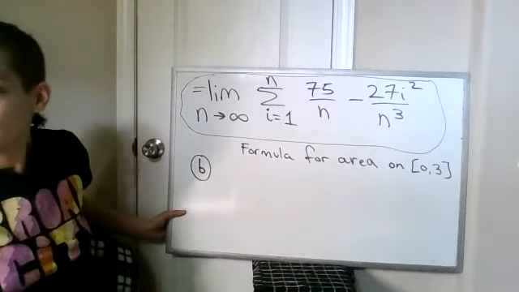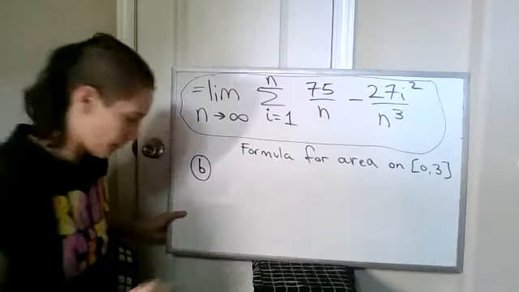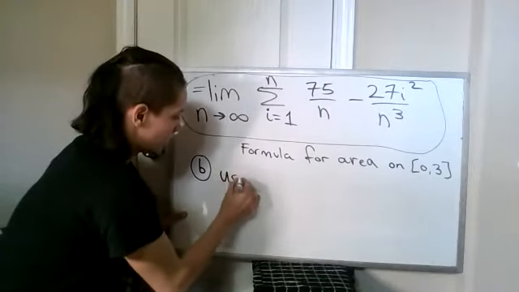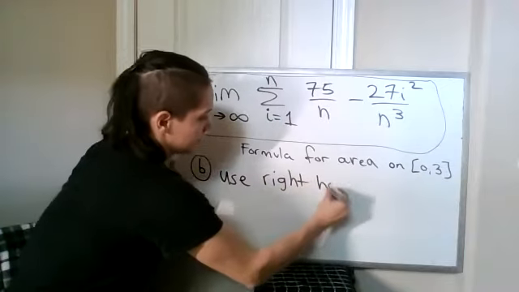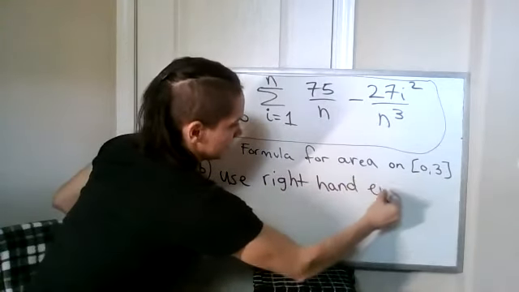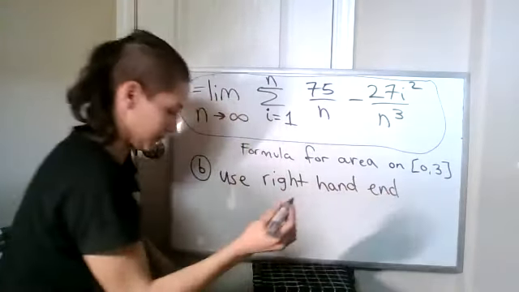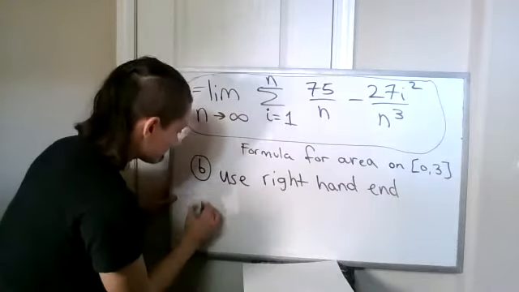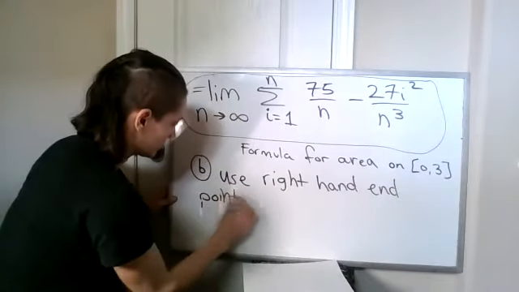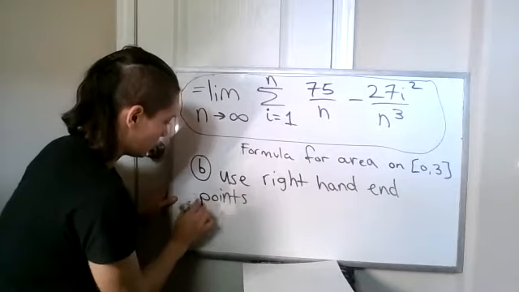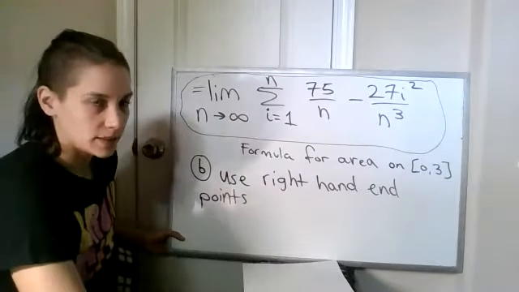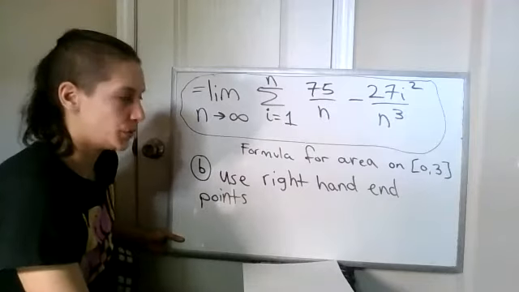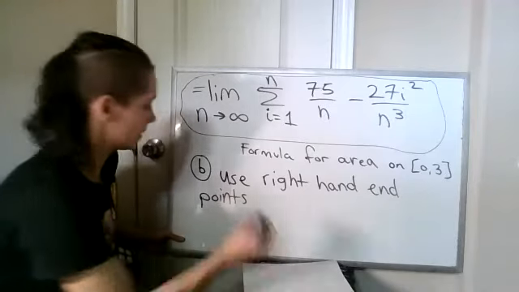We're going to use right-hand endpoints like last time to find a formula for the area on the interval that goes from 2 to 4.